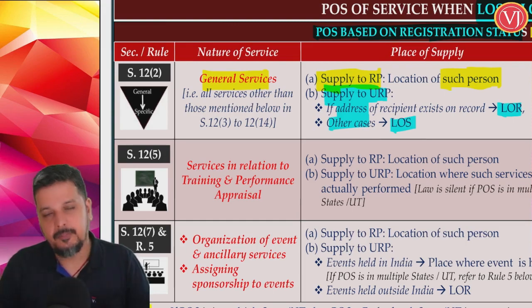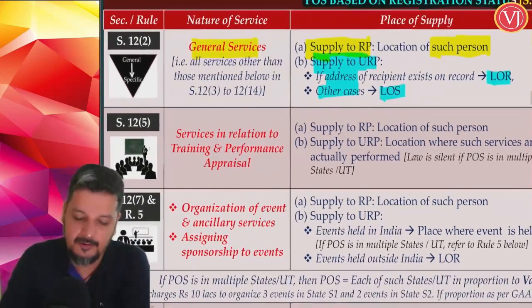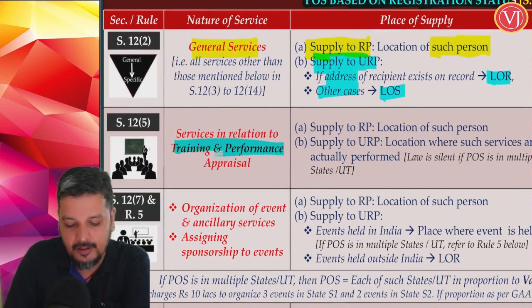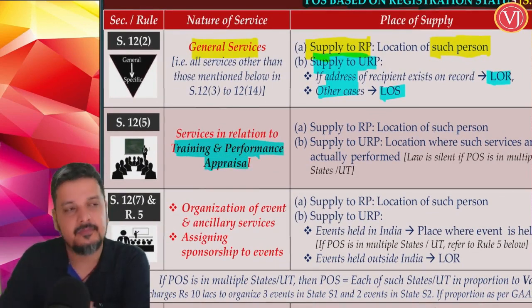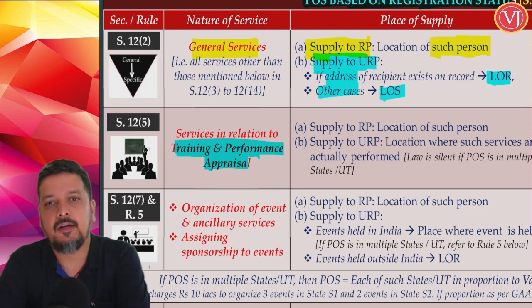Then special cases. One by one we have to see special cases. What is the first special case? We are talking about service in relation to training or performance appraisal. You are talking about performance related services on individuals, training and performance appraisal.